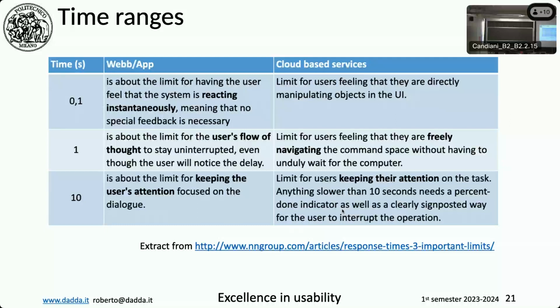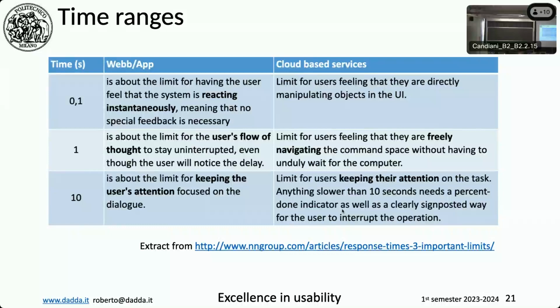The limit for the user to feel that the system is working well is 1 second. Push and 1 second. 10 seconds is the maximum allowed.